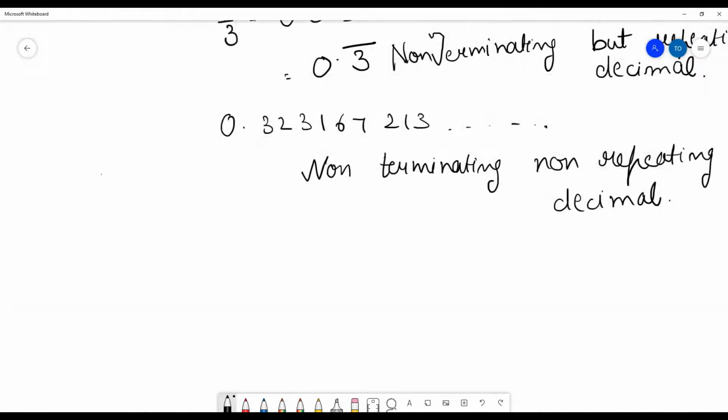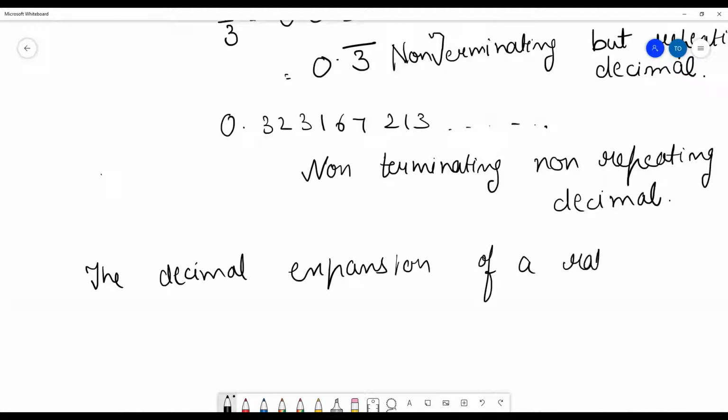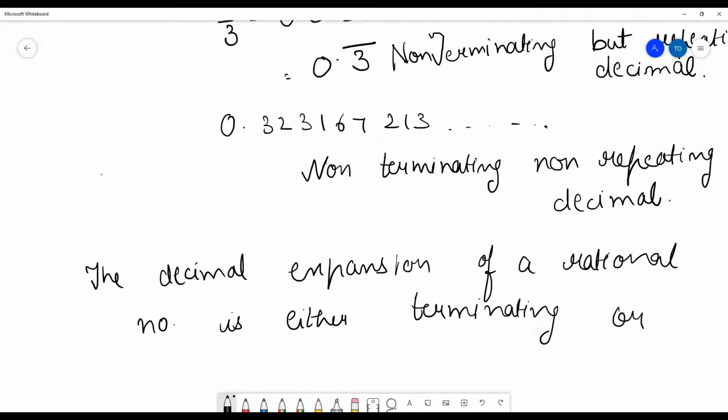The decimal expansion of a rational number is always either terminating or non-terminating but repeating.